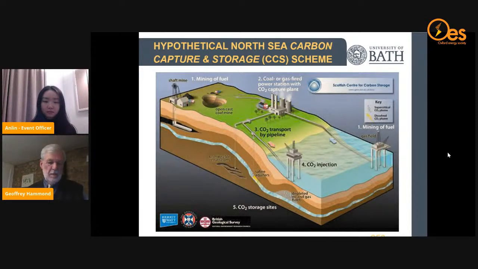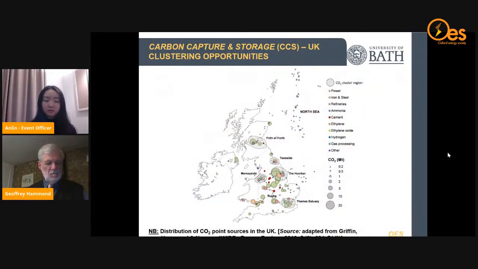You extract, post the power station, the carbon dioxide, and you discharge it into a disused oil well or gas well in the North Sea. So this is carbon capture and storage. If we're going to keep any of the fossil fuel technologies, it's likely that they're going to need carbon capture and storage of one form or another. Next slide, please.